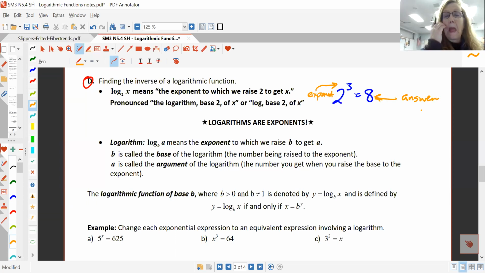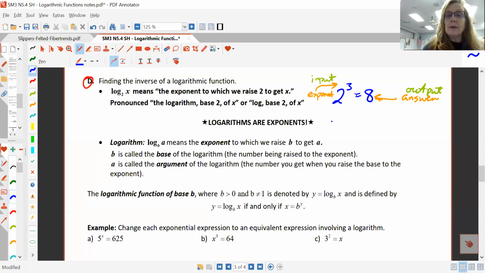When I change it to a logarithm statement, you're switching out your input and your output. 3 is essentially the input, so your input is your exponent, and your output is your answer. And when we do inverses, we switch the input and the output.